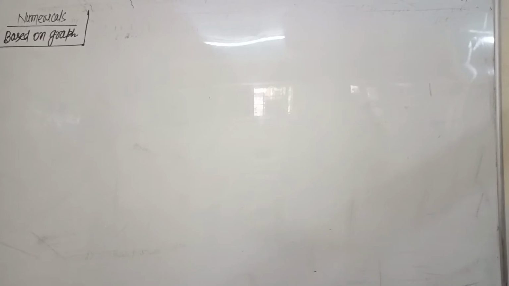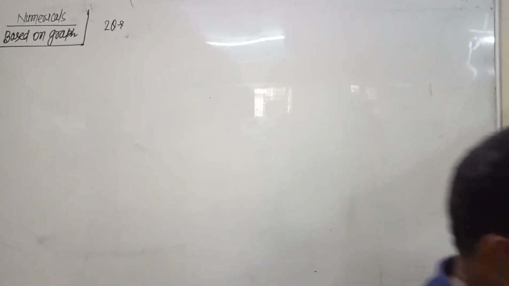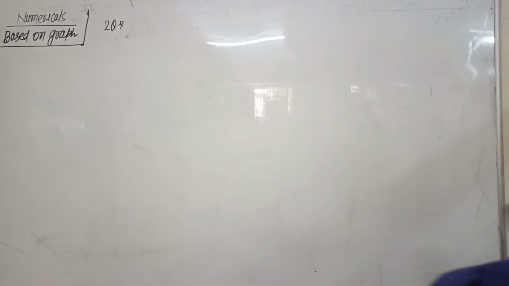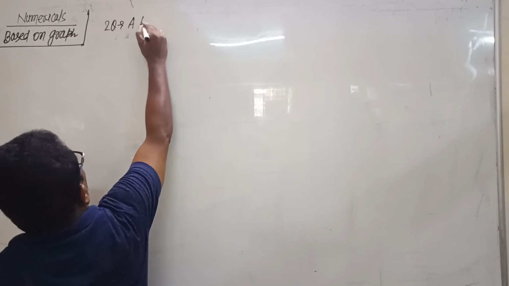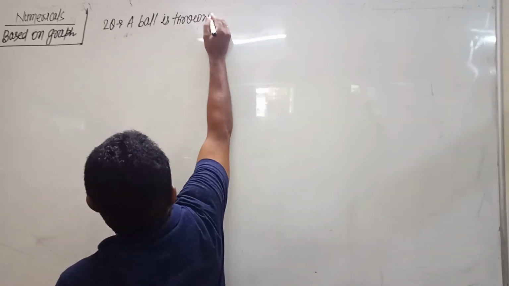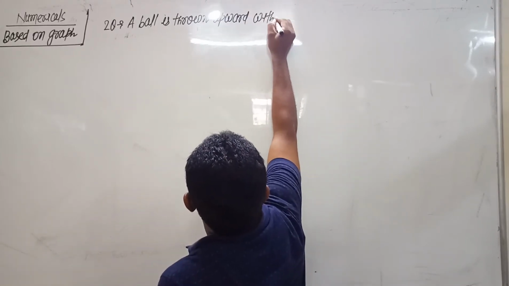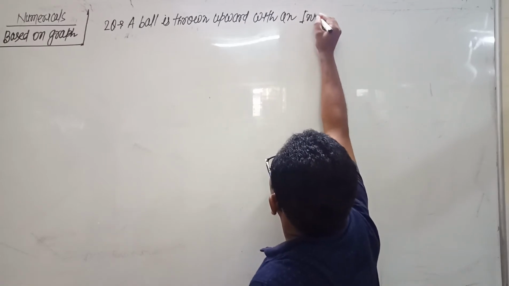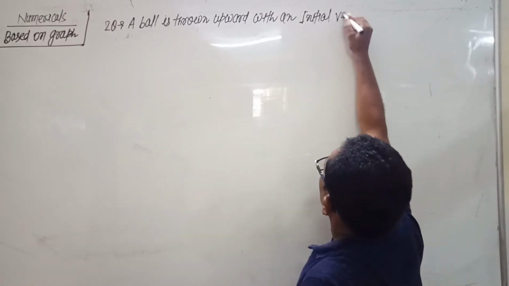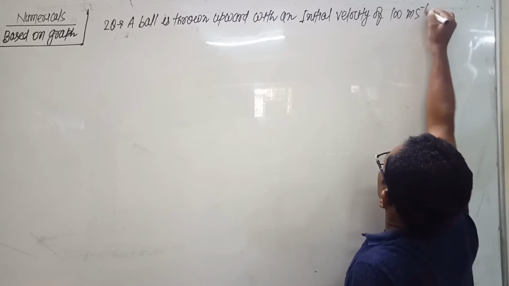Question number 2. A ball is thrown upward with an initial velocity of 100 meter per second.